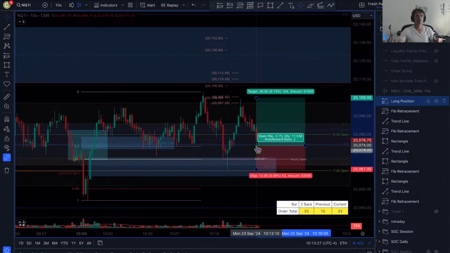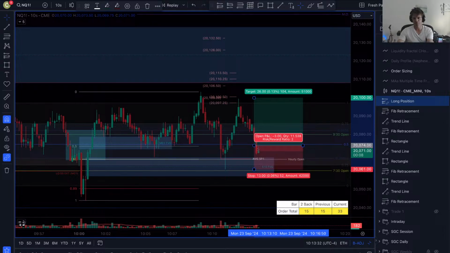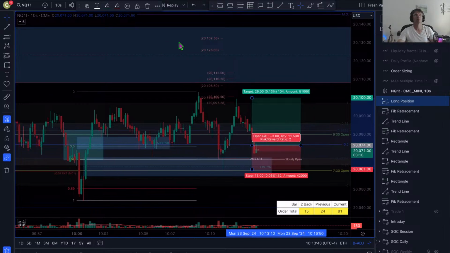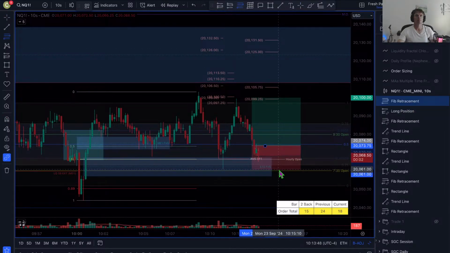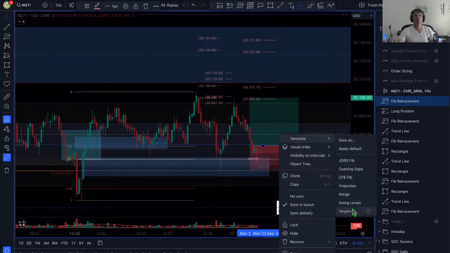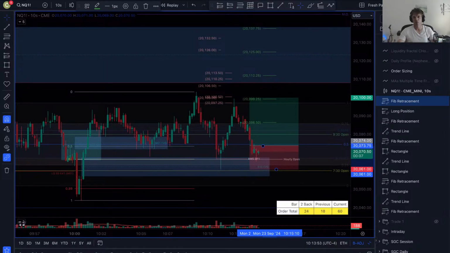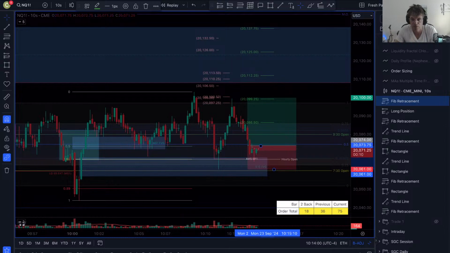Do the AMS entry right here. 11.9. See if it breaks up from there.